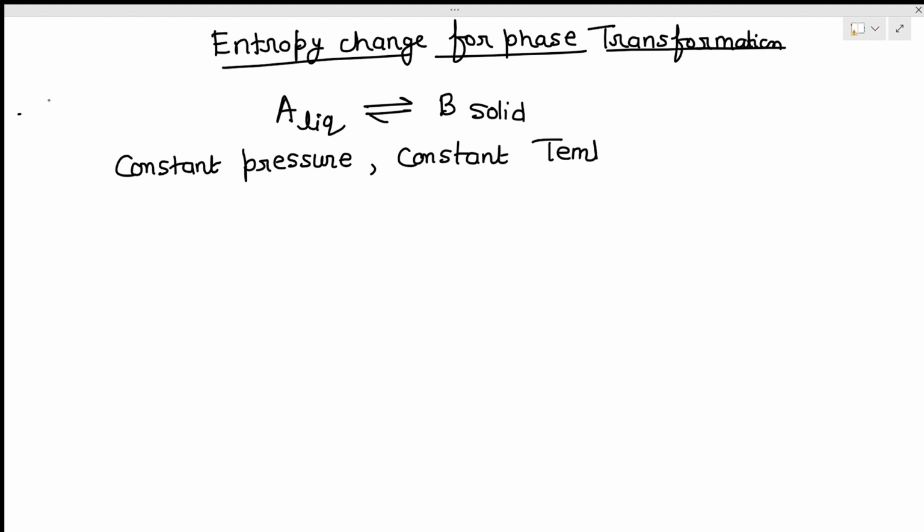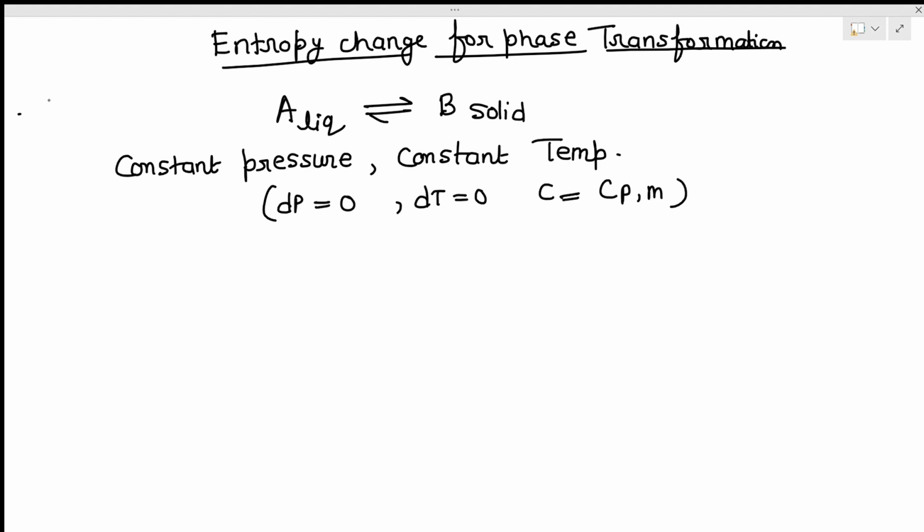So dP will be equal to 0, and dT is also equal to 0. So C will be equal to Cp,m. If phase transformation occurs at the melting point or boiling point or at the sublimation point, then it is a reversible process.